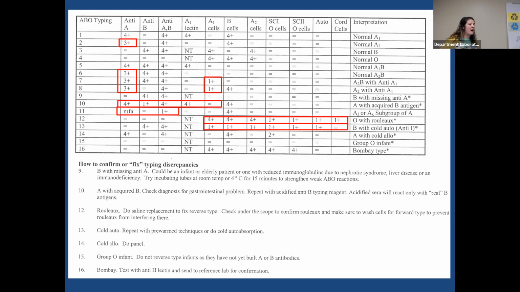So anything you add patient plasma to will cause a false positive. Okay. If your patient was type A that had rouleau, your A cells in the reverse type would have a reaction in it. Okay, and that would alert you, hey, I have some type of discrepancy. Maybe I'm dealing with rouleau. You could look at it under the microscope and see the formation of a stack of coins. Okay.